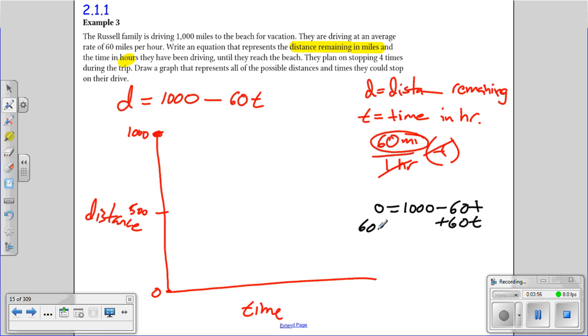It's something we don't quite get into yet, but I'm just going to show you a couple bonus things here. So if we add that to that side, we have 60t equals 1,000. And then we divide 1,000 by 60. I use that on my calculator, and it takes us 16 2/3 hours for this to happen.